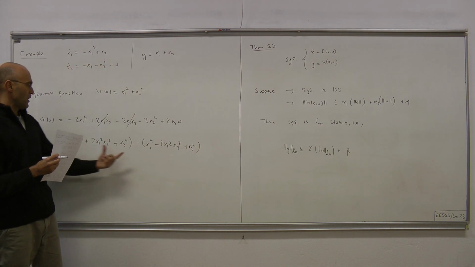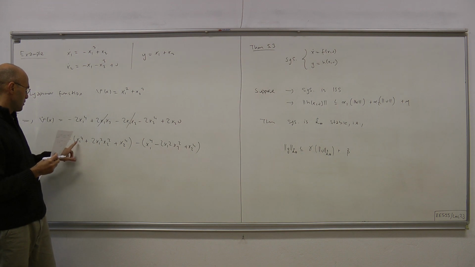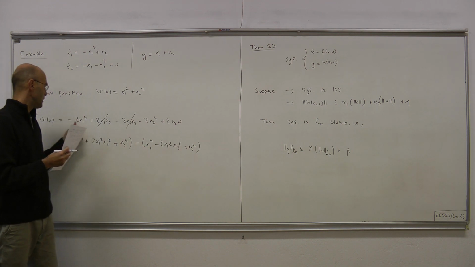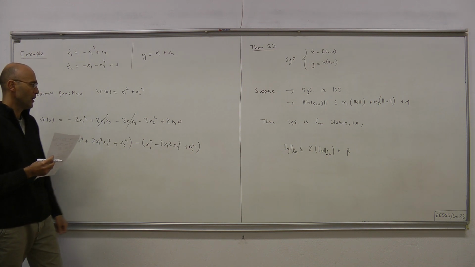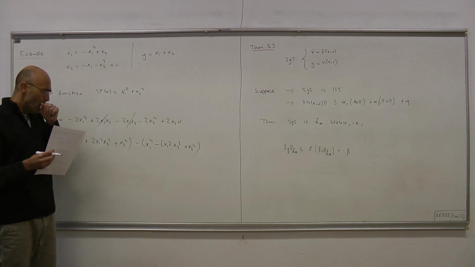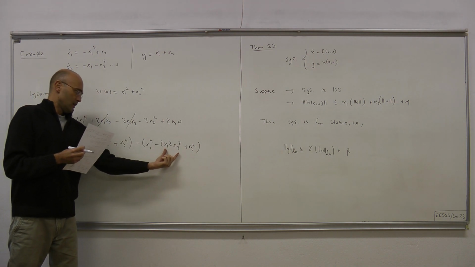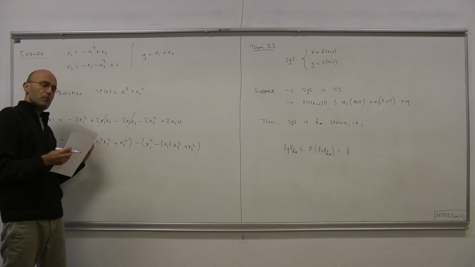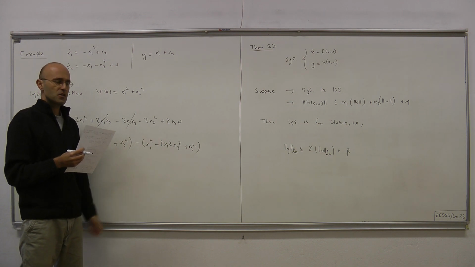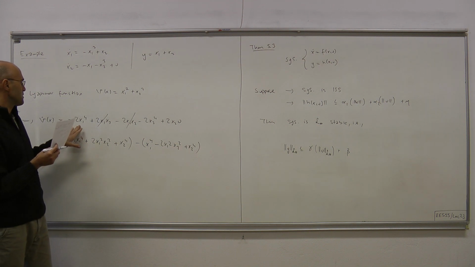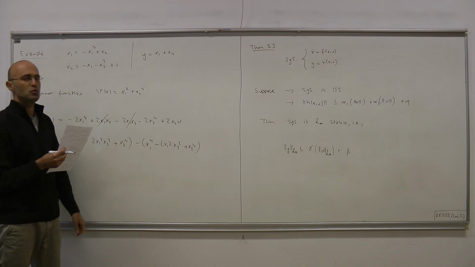If you add those two terms, we have x1 to the 4 here and x1 to the 4 here, with minus signs in front, and that together makes minus 2x1 to the 4, and the same for x2 to the 4. Here we have a cross term, and here the same cross term with the opposite sign, so they also cancel out, and what we're left with is simply minus 2x1 to the 4 minus 2x2 to the 4.